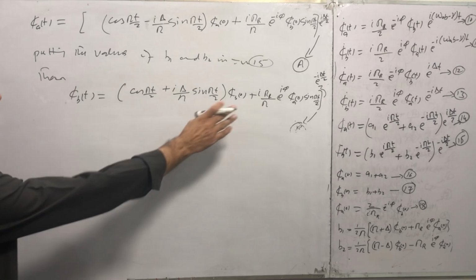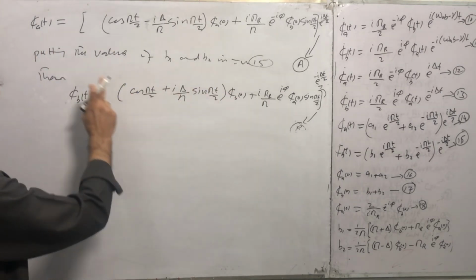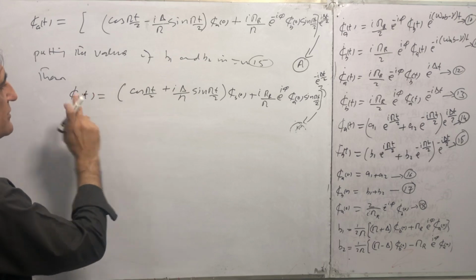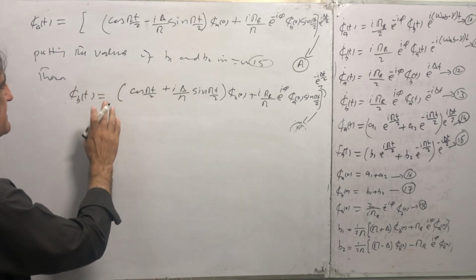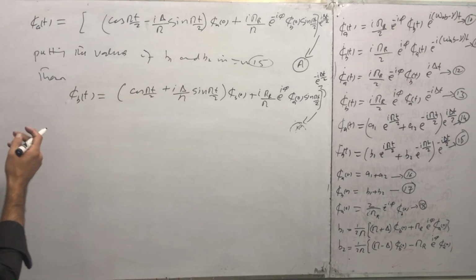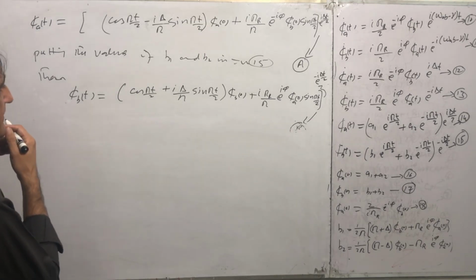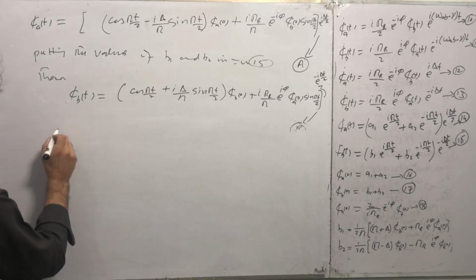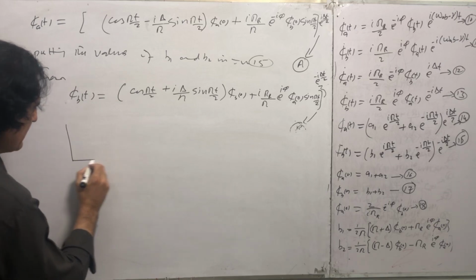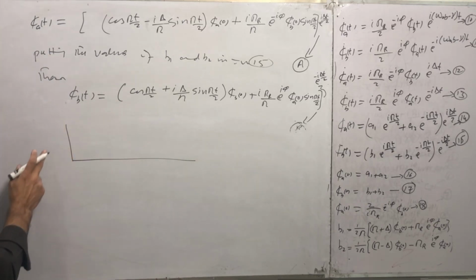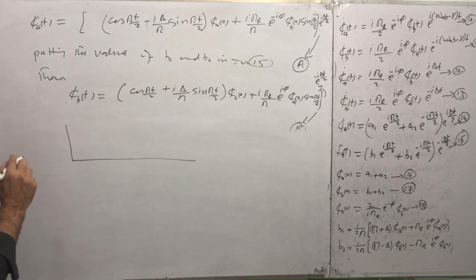If you plot under the condition of detuning equal to 0, Ca of 0 equal to 1 and Cb of 0 equal to 0, then you can take a plot of Ca absolute square and Cb absolute square.